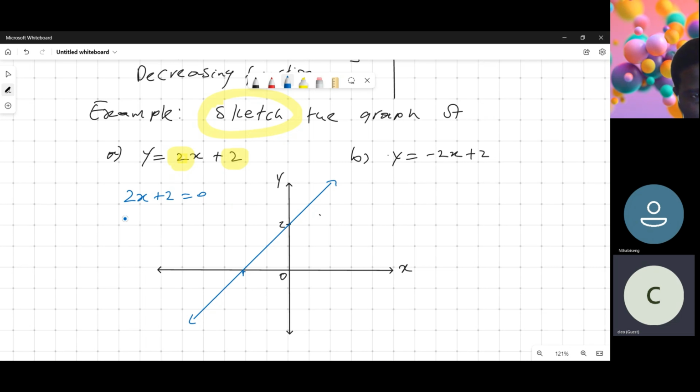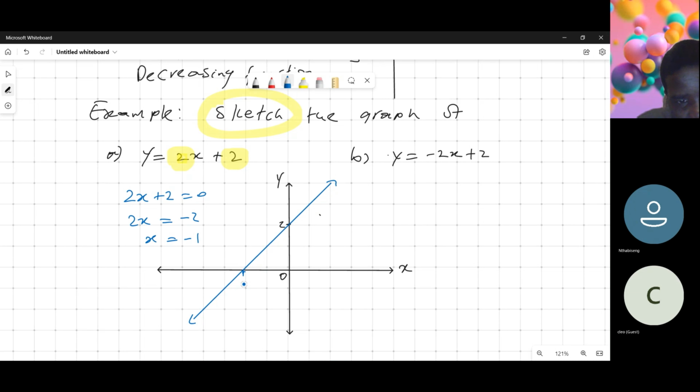Then I transpose to that side. 2x = -2. Then I divide both sides by 2, so that I am left with x on the left-hand side equals -1. Hence, my value of x at the point where the graph is touching the x-axis is -1.